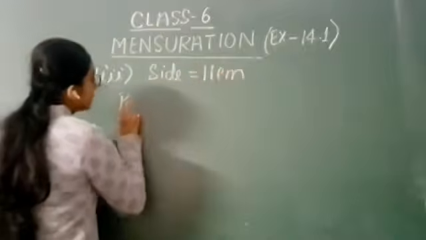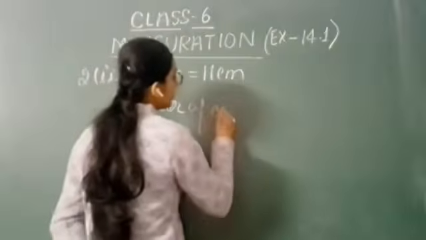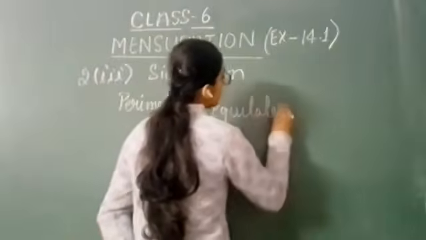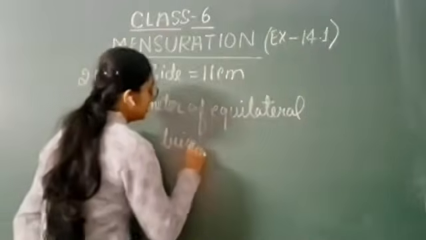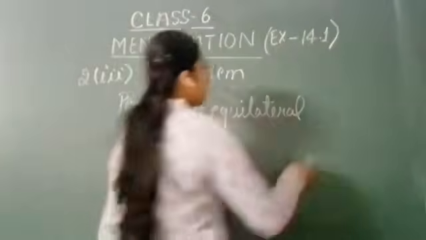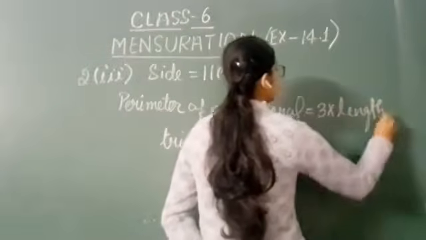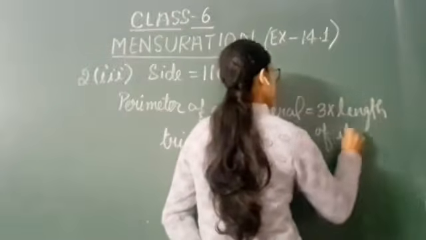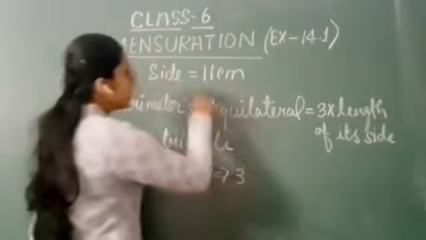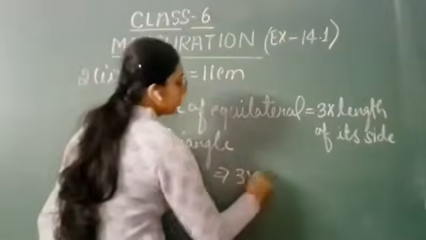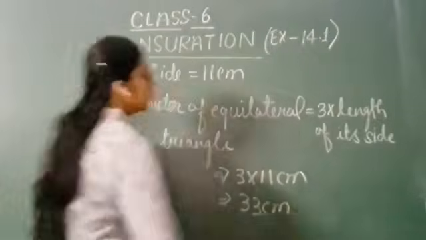So, if we have to find the perimeter of an equilateral triangle, we have the formula 3 into the length of its side. Side is given, what? 11 cm. So, 3 into 11 cm is equal to 33 cm.